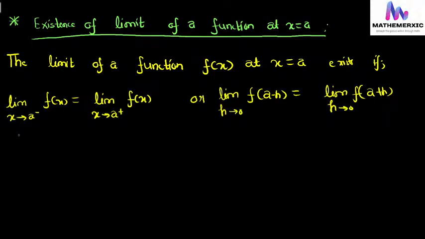That is LHL is equal to RHL at x is equal to a. It is evident that for limit to exist, function need not be defined at x equal to a. So obviously limit can exist, it can have a limiting value, but if it is not defined, that is also fine with us.